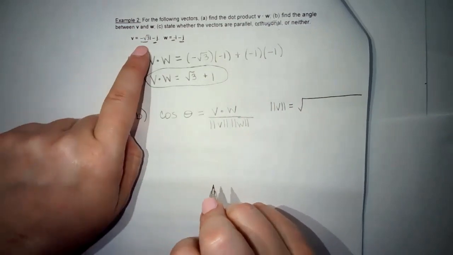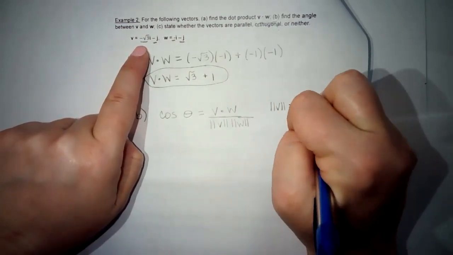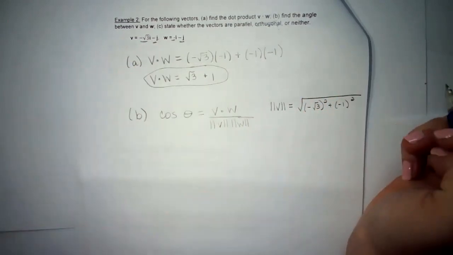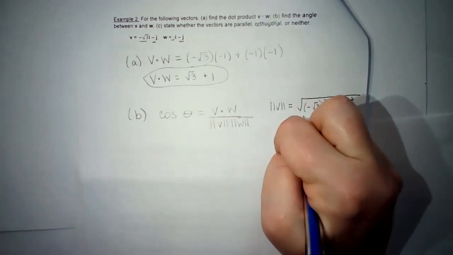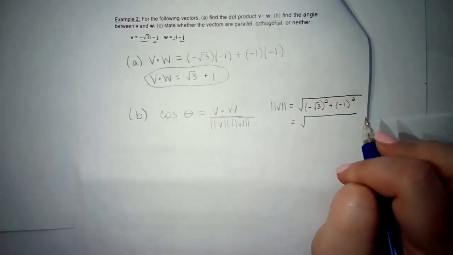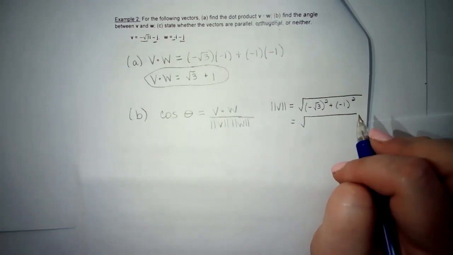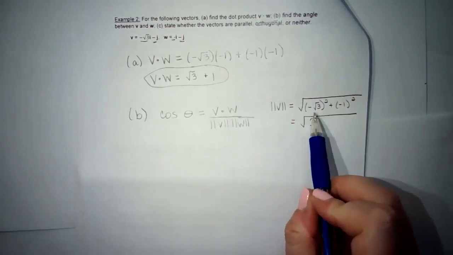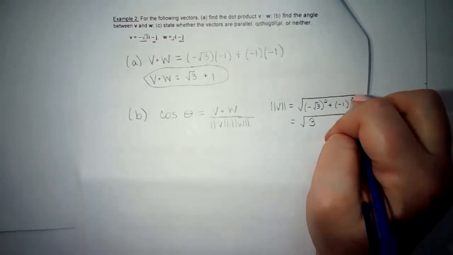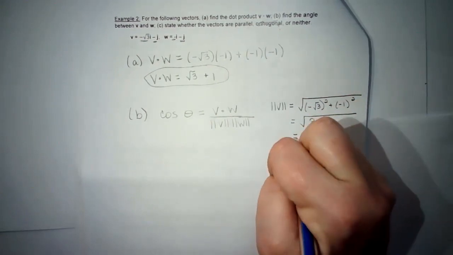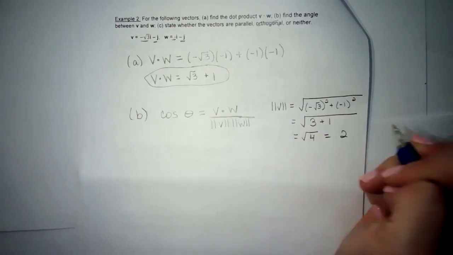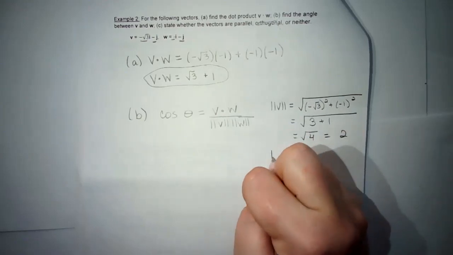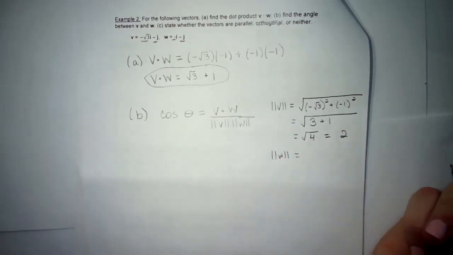I'm going to have the i component squared plus the j component squared. What is negative root of 3 squared? 3. Good. You can always put that in your calculator if you're not sure. Put it in parentheses just like that. Negative 1 squared is just positive 1. Well, this is a pretty little magnitude. Look at that, it's just a plain old 2.